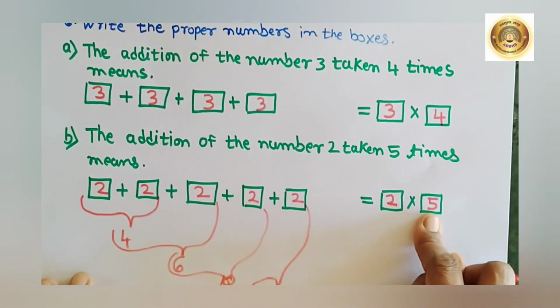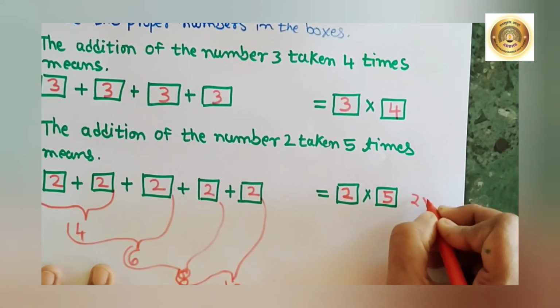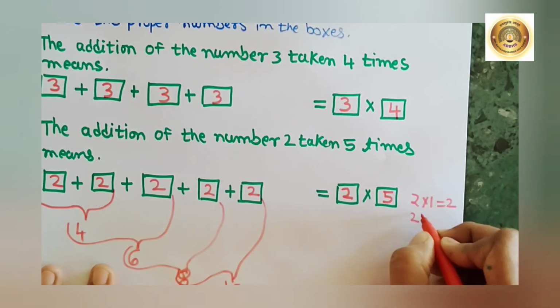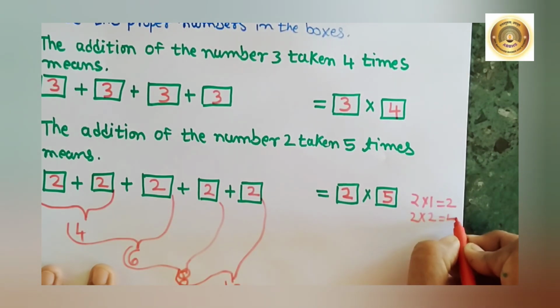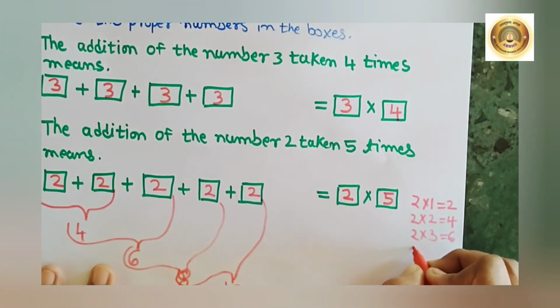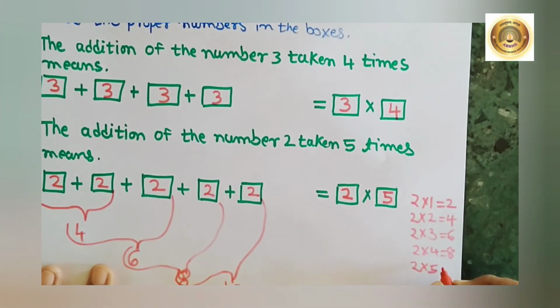And what is 2 5s? Yes, you have to write the 2 timetable here. 2 1s are 2, 2 2s are 4, 2 3s are 6, 2 4s are 8, and what is 2 5s? 2 5s are 10.